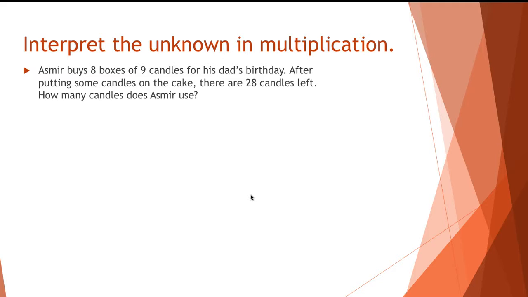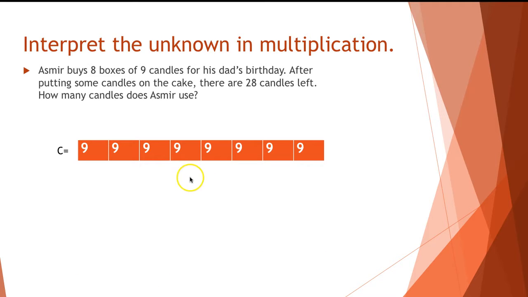Well, let's draw a model to help us find the unknown number. Let's have C represent candles. And we know that the total amount of candles is 8 boxes of 9 candles. So we have 1, 2, 3, 4, 5, 6, 7, 8. So we have 8 boxes of 9 candles.